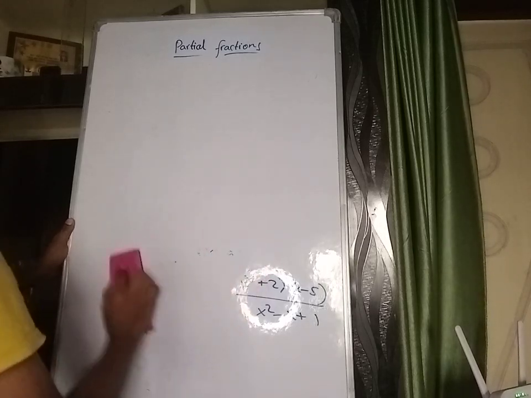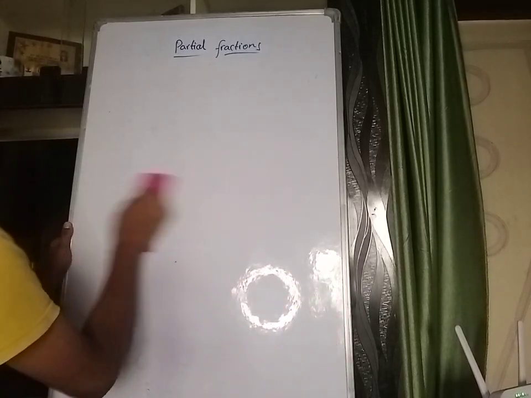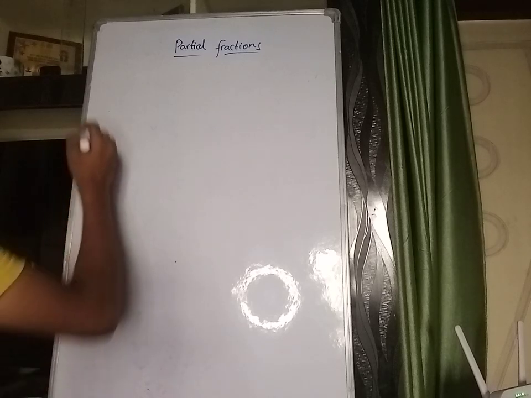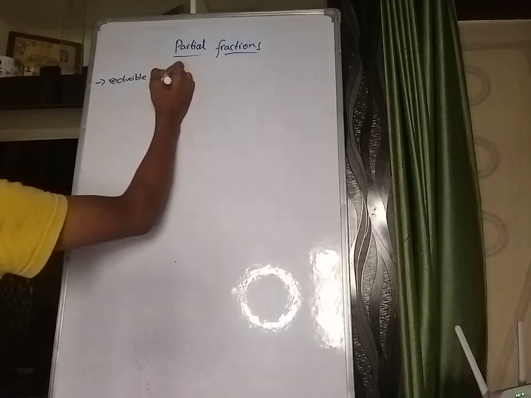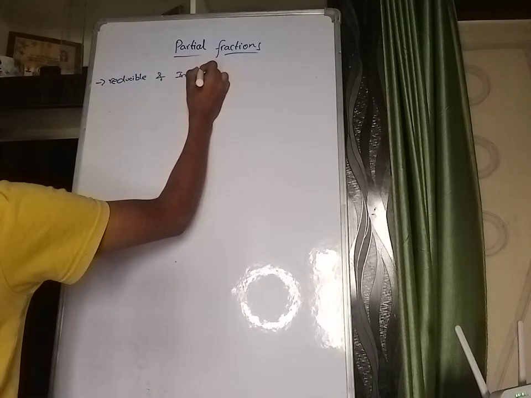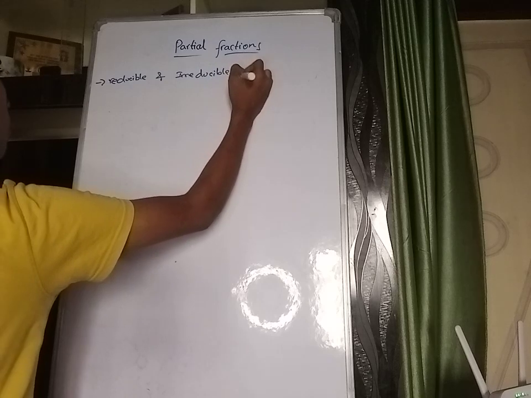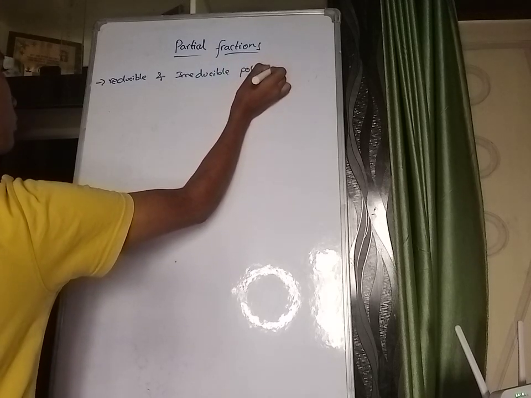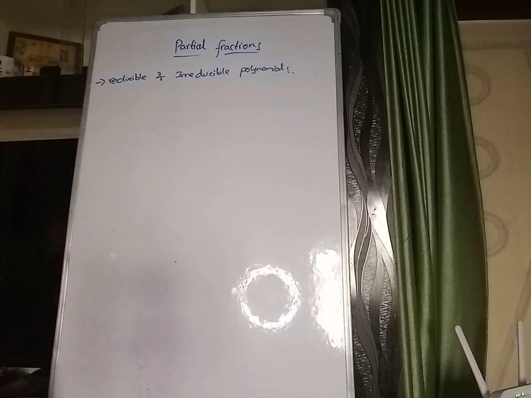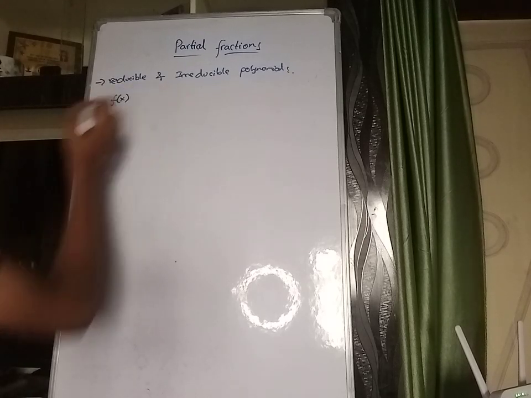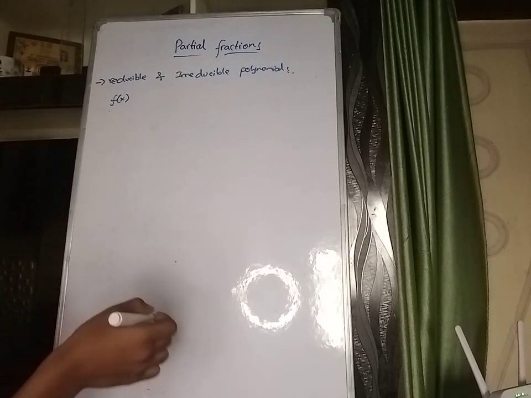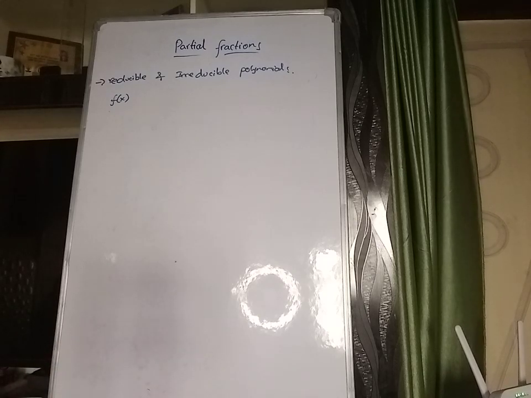Now let's discuss irreducible and reducible polynomials. A polynomial f of x is said to be irreducible if it cannot be expressed as a product of two or more polynomials.